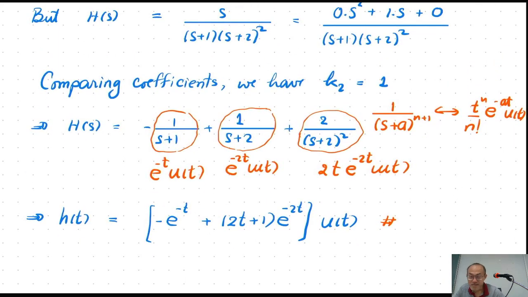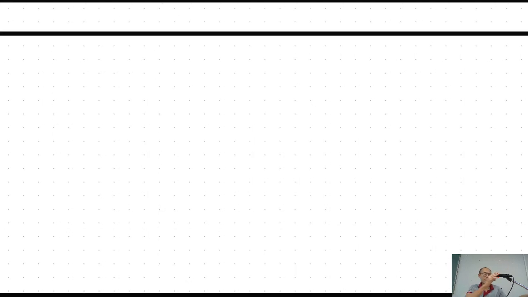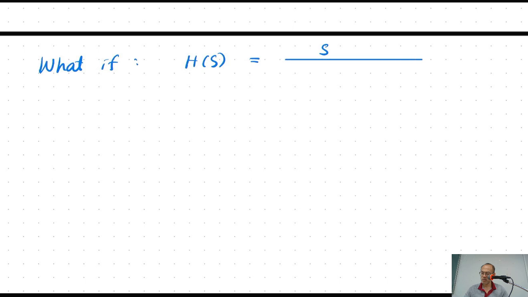All right, now the third case. Oh, by the way, think about this. What if... now let's look at this case. H(s) is equal to s over. Let's make it more difficult, but we're not gonna do it, all right? Because it's gonna take some time to complete all of it, which we don't have.